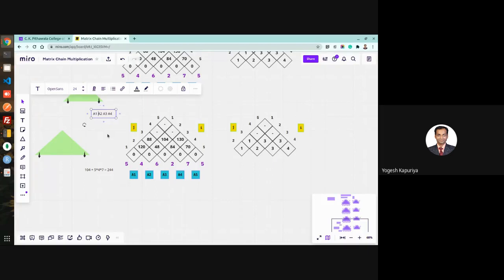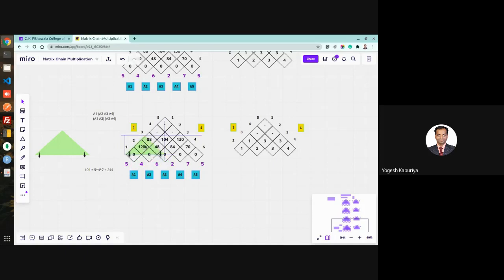First we put the parentheses over here, then we are putting the parentheses after the second position. So that means you have this, that is A1, A2 and A3, A4.